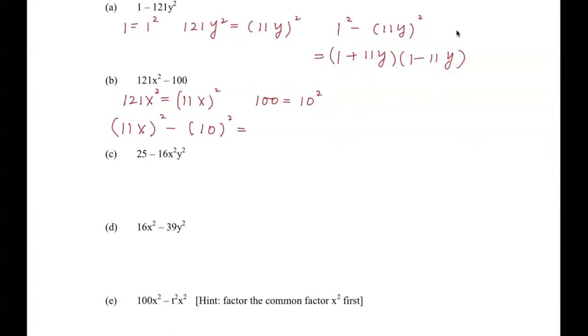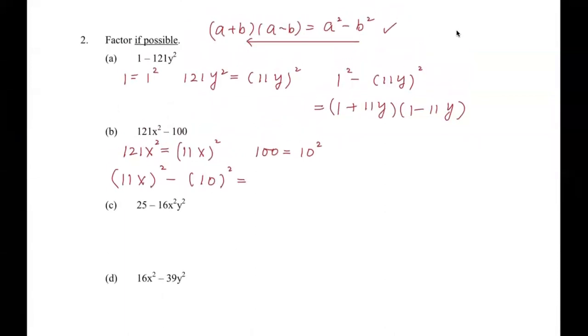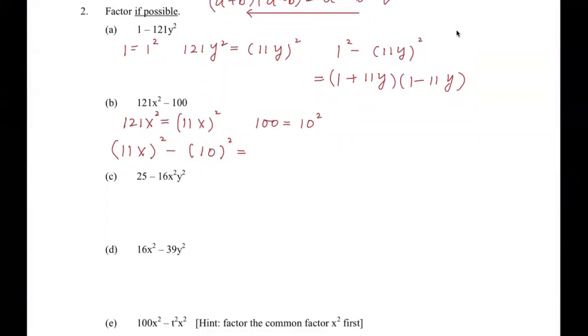So this is of the form A squared minus B squared, which means in this question, A is equal to 11x and B is equal to 10, right? So we can write this expression as (11x + 10) times (11x − 10). Okay, this is the right answer.